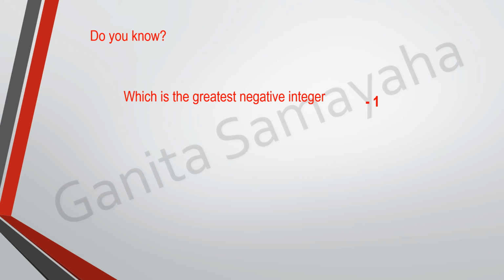Similarly, can we say which is the highest positive integer, children? No. Why? The numbers go on increasing towards the right: 1000, 10,000, lakh, it goes on increasing, plus sign. So we cannot say which is the greatest positive integer and we cannot say which is the least negative integer.